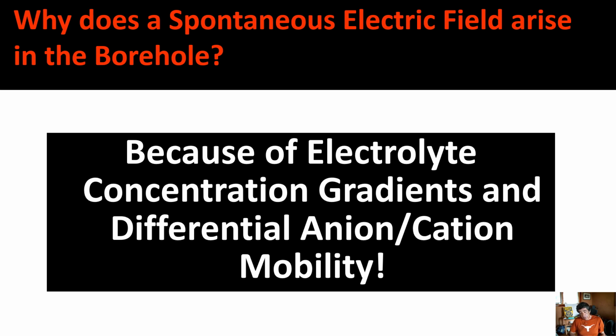And second, because for electrochemical reasons, the mobility between the anions and cations that we have in formation water is not the same. We have differential mobility. So those two factors are going to give rise to the static electric field, spontaneous electric field that we have in the borehole for us to harvest. That's what we do. We don't have to impose a field. The field takes place because of these conditions.